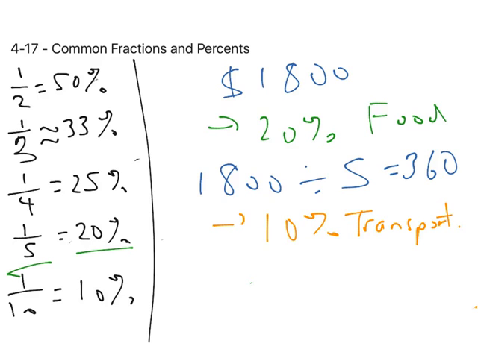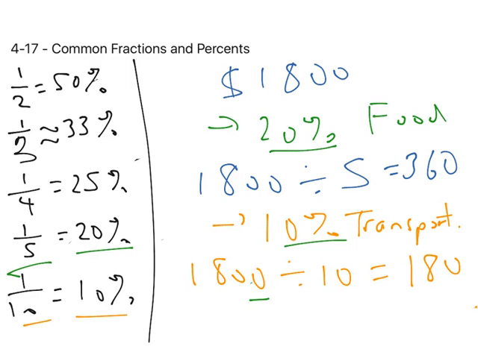Well, 10%, that's 1,800 divided by 10. That's 1/10 is 10%. That's 180. We just take away a 0. 1,800 divided by 10 is just 180. Well, if 10% is 180, 20% is twice that. 180 plus 180 would be 360.